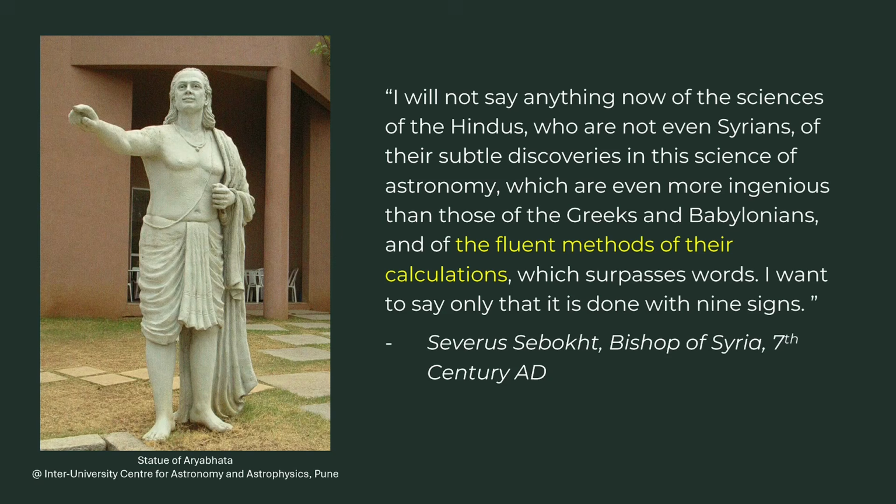I want to say only that it is done with 9 signs. What he means is 9 digits, 1 through 9. I can't put it better than this. The fluent methods of their calculations surpasses words.